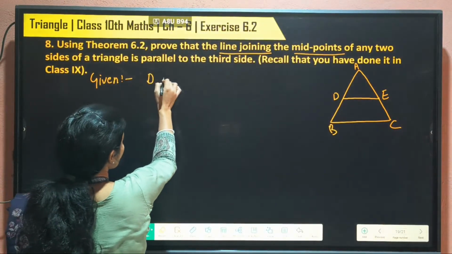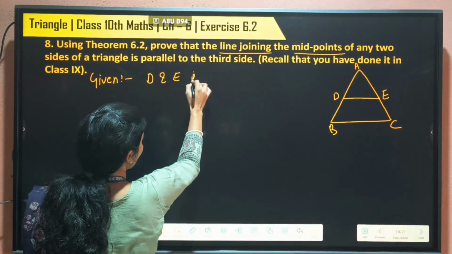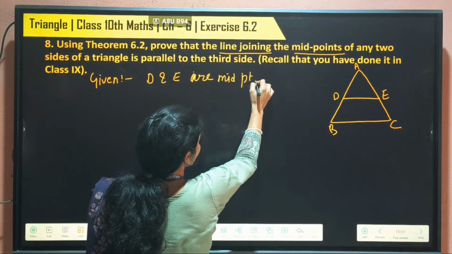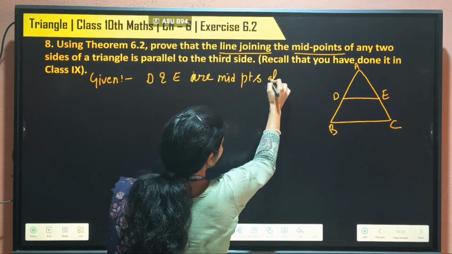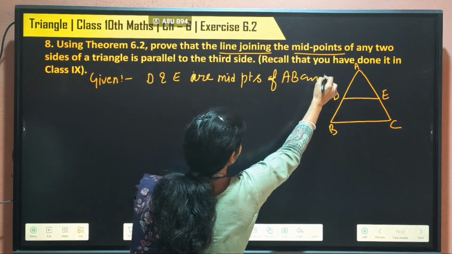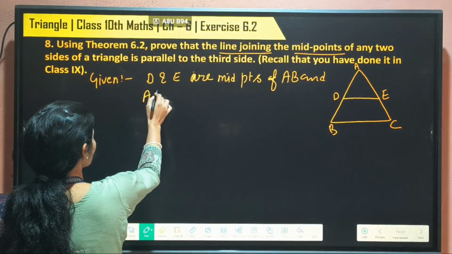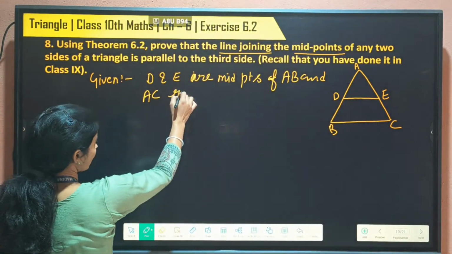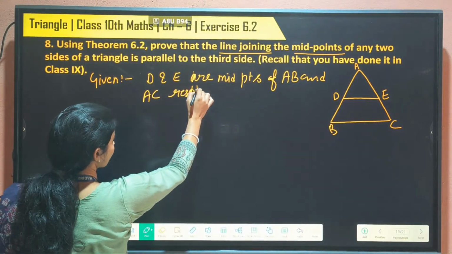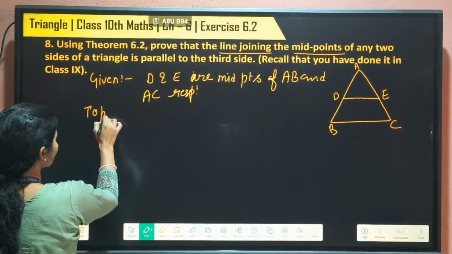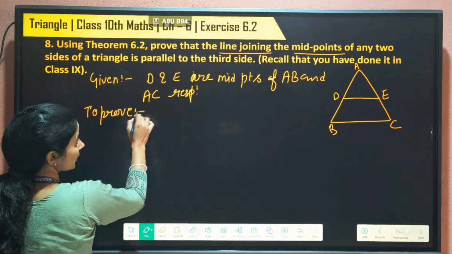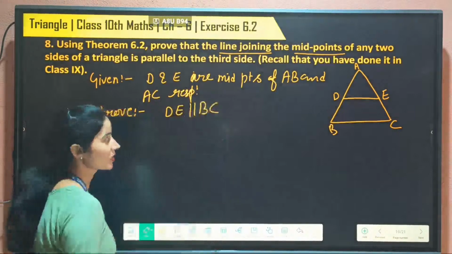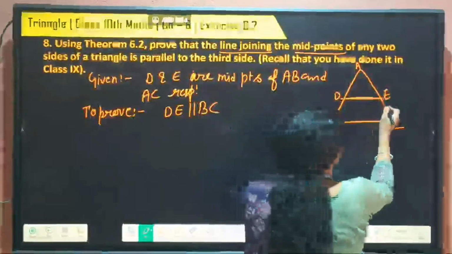Given D and E are midpoints of AB and AC respectively. To prove: DE is parallel to BC.